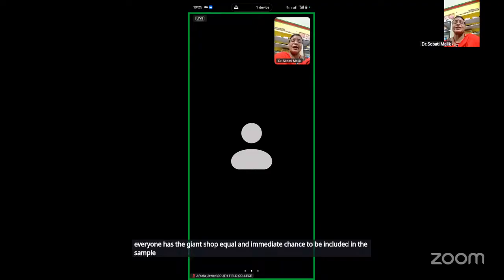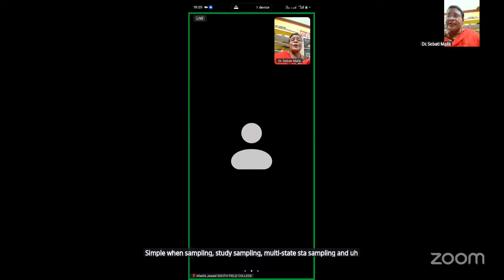In probability sampling, we include simple random sampling, stratified sampling, multi-stage sampling, cluster sampling, and systematic sampling. But in non-probability sampling, we have purposive sampling, snowball sampling, quota sampling, and convenience sampling.